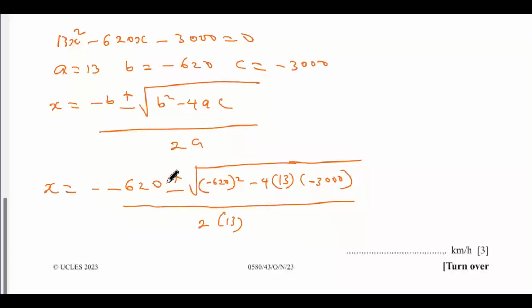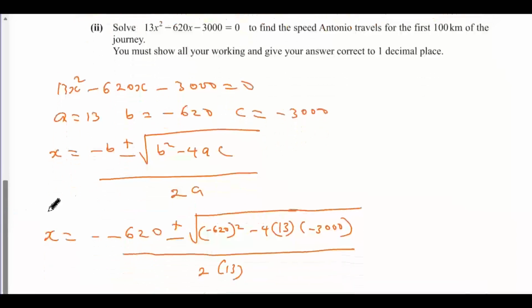Okay, so if you key in this into your calculator, rather you could simplify this further. So let's scroll up a little bit. From here we have the value of x to be equals to, so these two signs combine together to become positive. Then you have 620, then plus or minus the square root of. So you can simplify what you have inside the radical and find the square root as well.